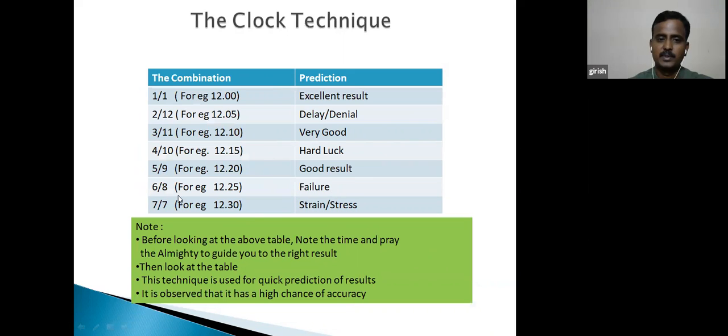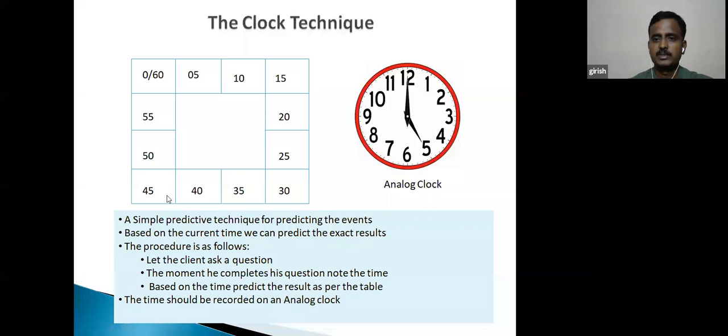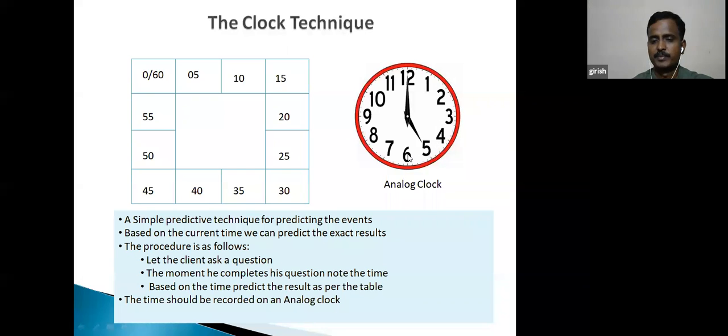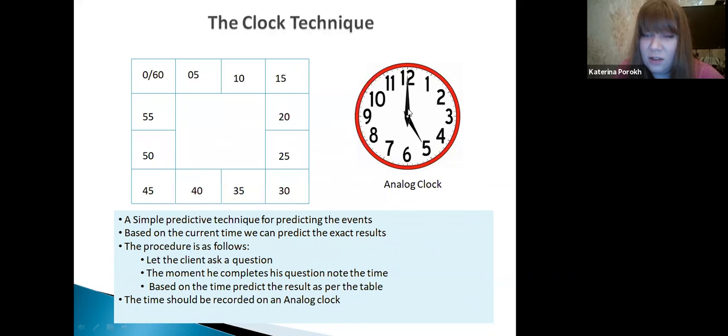And even the next one, which is 6, that is 7 and a 7. I'll show you how it is. From 12 to 6, if I count, it will be 7. 12:30, from 12 to 6 we count 7 houses, and from 6 to 12 it is also 7 houses.